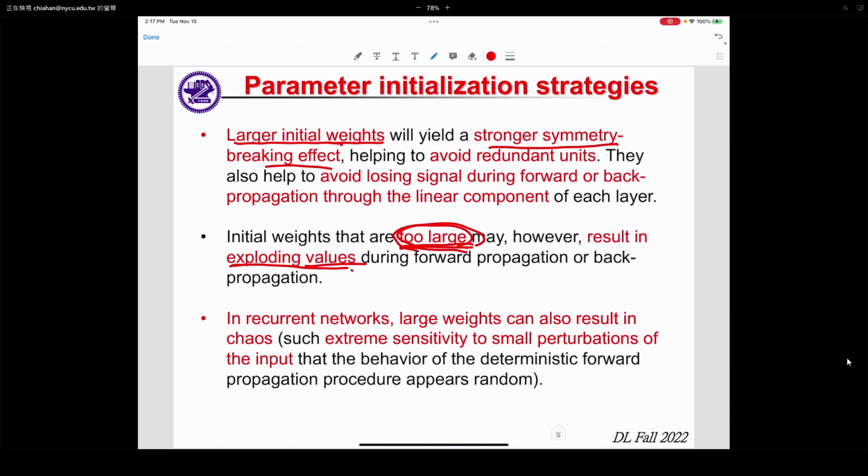So in recurrent neural networks, large weights can also result in chaos. Chaos is a case where the system is extremely sensitive to small perturbations of input.